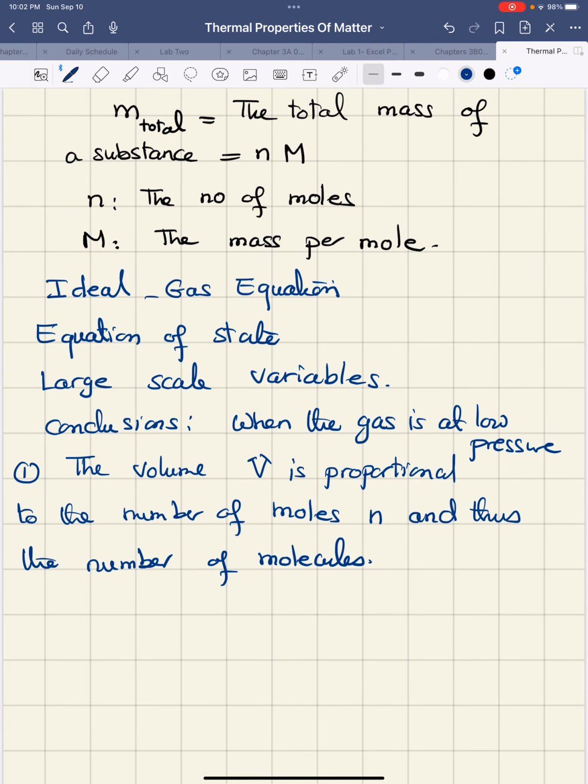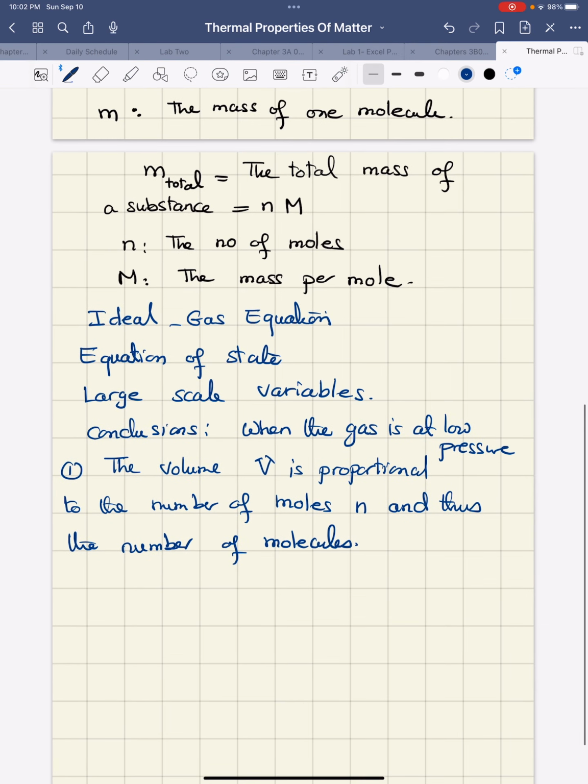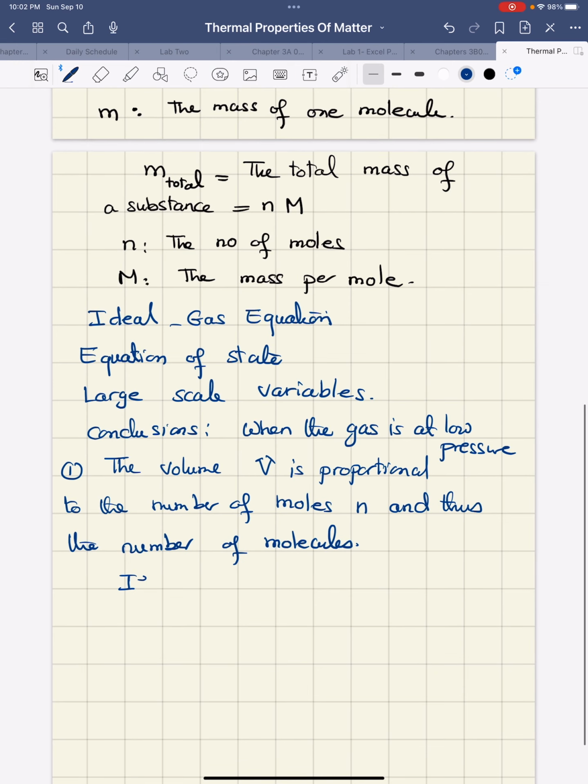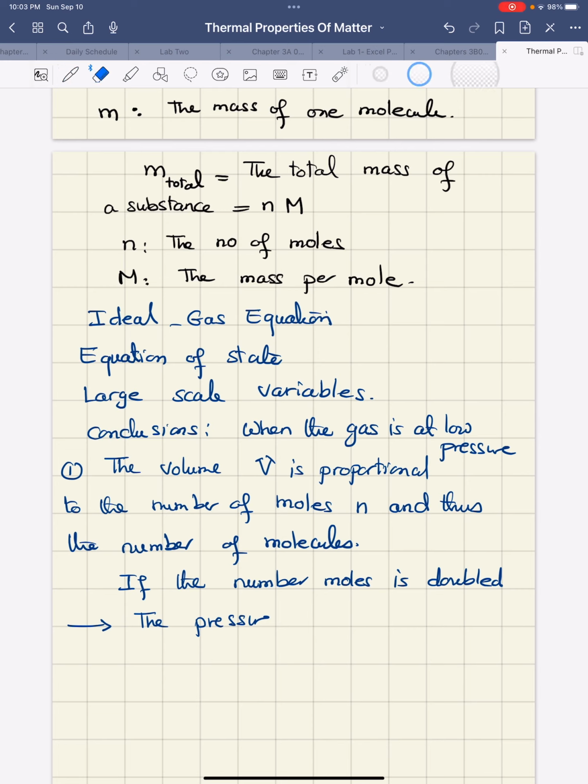Now, if the number of moles is doubled, then the volume doubles.